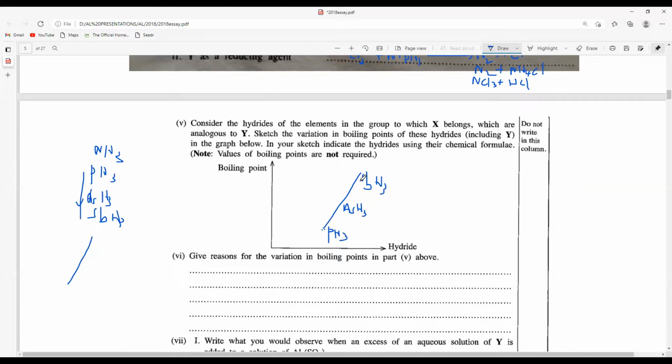And this is basically because the boiling point increases with the increase in molecular weight. When you think about the other factors, nitrogen should come here because of its low molecular weight. But the point is nitrogen is a little bit higher.